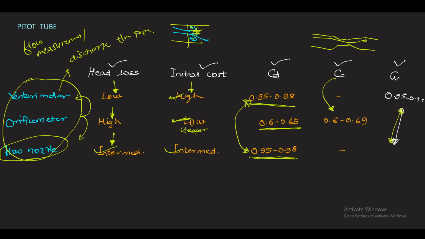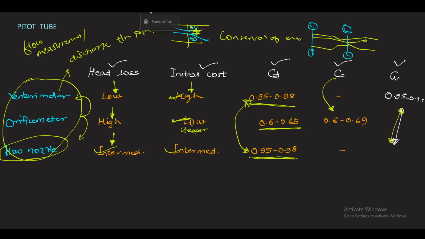So these are the applications of Bernoulli's equation, depending on its principle, the conservation of energy, because in each case I apply Bernoulli's principle and equation at two sections so that I get the equation. So this is all about the venturimeter, orifice meter, and flow nozzle.